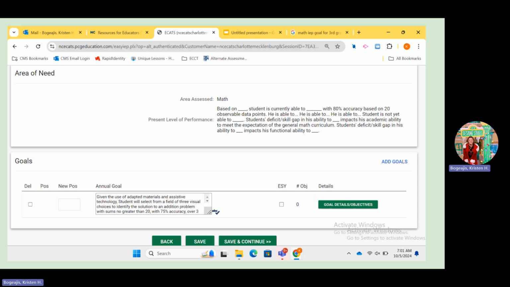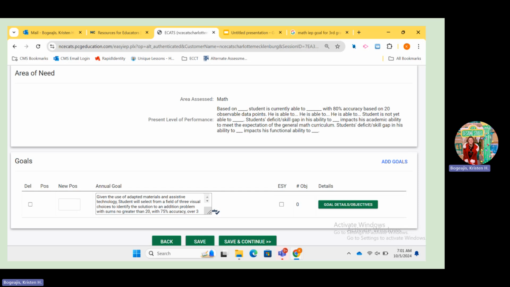So let's say that you, as a hypothetical, are using progress monitoring and classroom collected data. You might say, based on progress monitoring and classroom collected data, the student is currently able to, and you want to start with an "able to" sentence. Based on your data, what are they able to do? In this present level, you are including actual data.